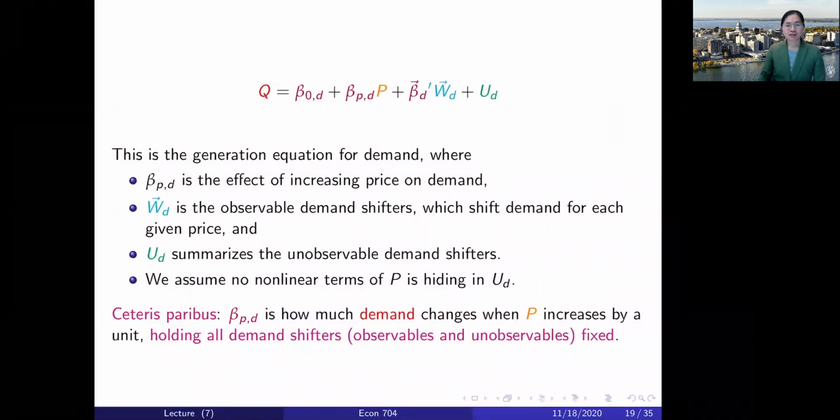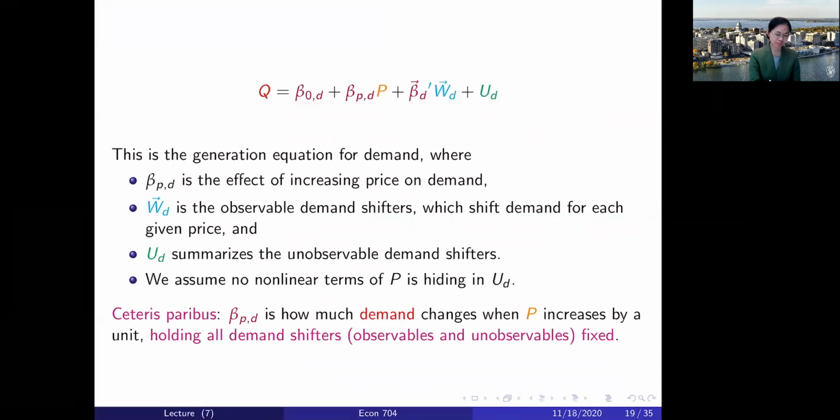Now let's focus on the demand model. After making the simplifying assumption, Q becomes the demand equation. So this demand equation becomes Q equals beta 0D plus beta PD times P plus beta D prime WD plus the error term UD.